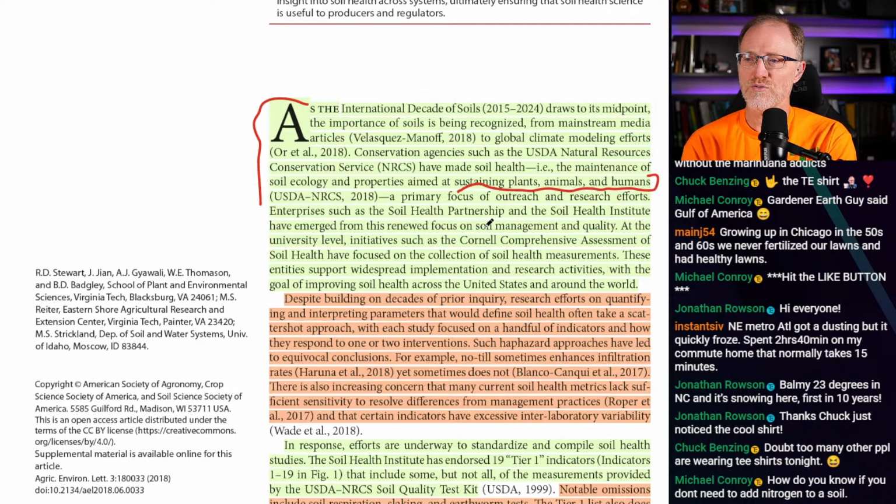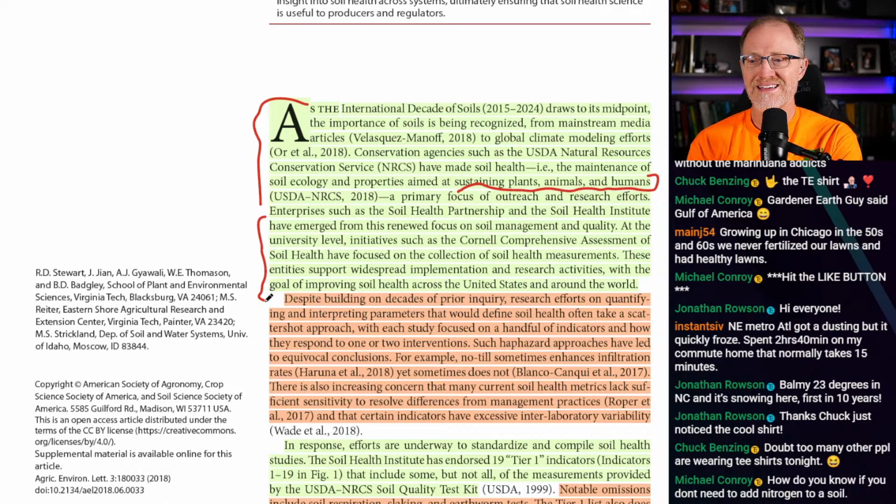Enterprises such as the Soil Health Partnership and Soil Health Institute have emerged from this renewed focus on soil management and quality. At the university level, initiatives such as the Cornell Comprehensive Assessment of Soil Health have focused on the collection of soil health measurements. These entities support widespread implementation and research activities with the goal of improving soil health across the United States and around the world.